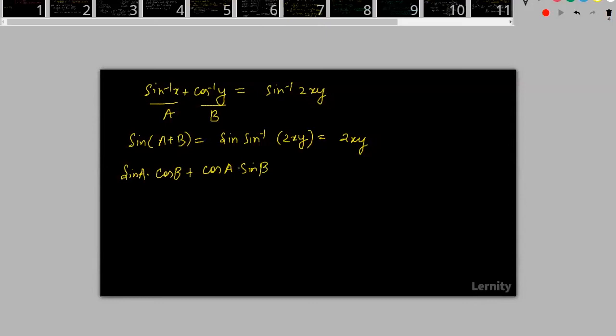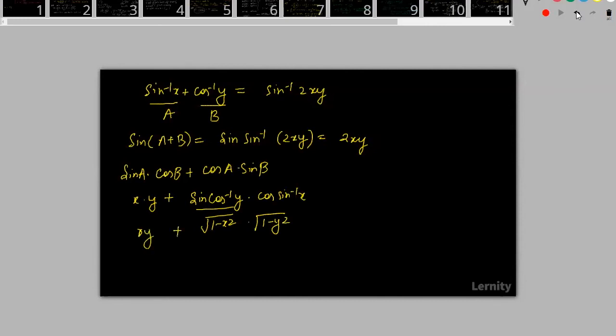Sine of sine inverse A is x, into cos of cos inverse B, which is y. Plus the sine of cos inverse y, which converts to root of 1 minus y square, into cos of sine inverse x, which converts to root of 1 minus x square.